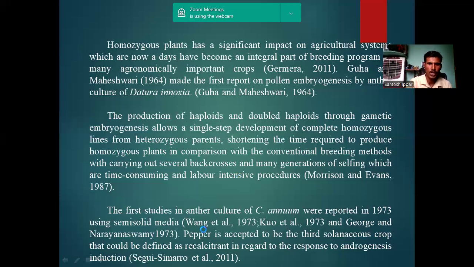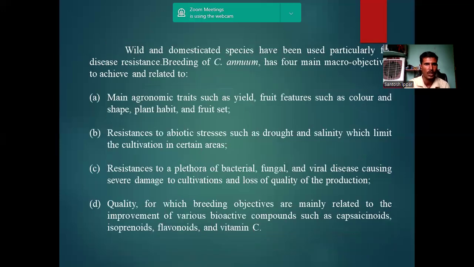The first studies of anther culture of Capsicum annuum were reported in 1973 using semi-solid media. Then pepper is accepted to be the third solanaceous crop that could be defined as recalcitrant in regard to response to androgenesis induction. Now, why do we need to develop such homozygous plants within a short period?